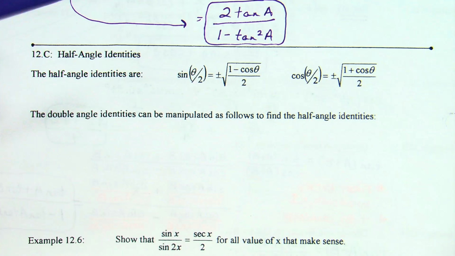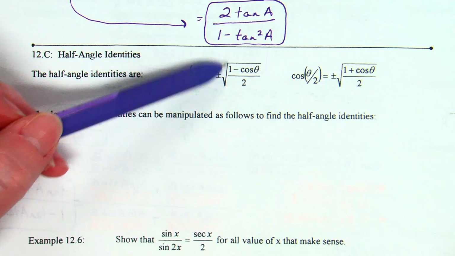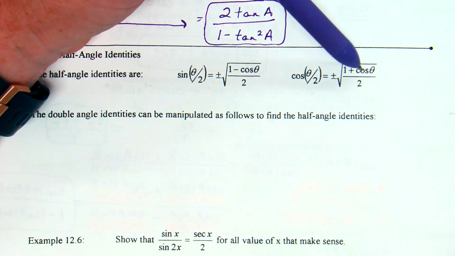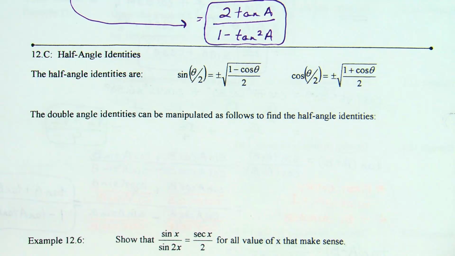So the half angle identity for sine is plus or minus the square root of 1 minus cosine theta over 2. The half angle identity for cosine is plus or minus the square root of 1 plus cosine theta over 2. Trying to think, if you're remembering a different form, we sometimes had the square root and it'd be like 1/2 minus 1/2 cosine theta under the square root.